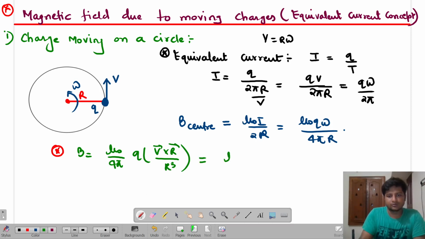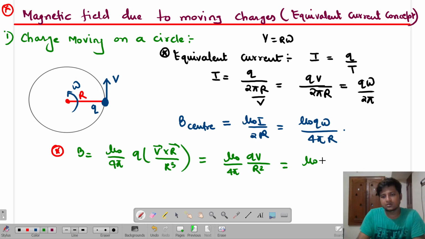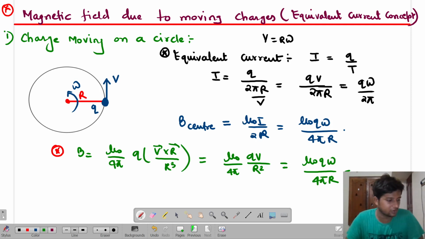So here it is mu naught by 4 pi q v, and v is perpendicular to r, so I can write sin 90, by r square directly. But what is v by r? Omega. So it is mu naught q omega by 4 pi r. From here also you can find it. Are you able to get me or not? Is that clear?